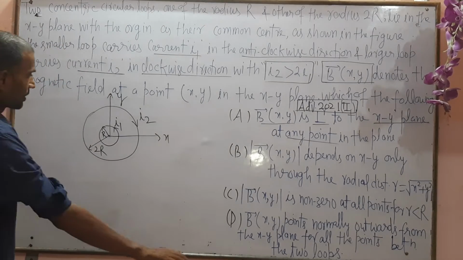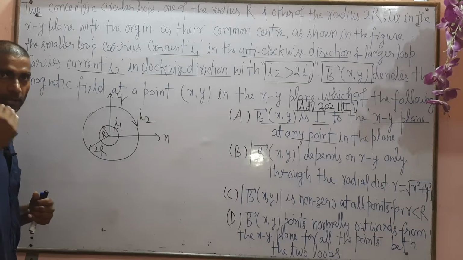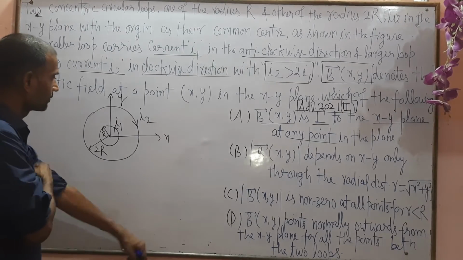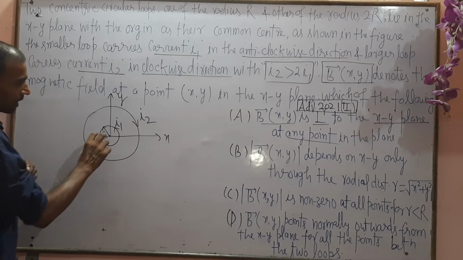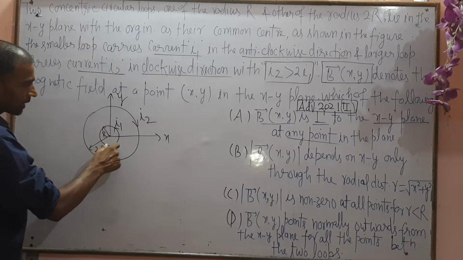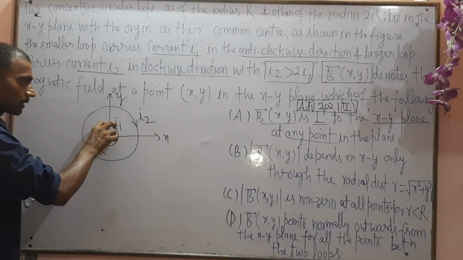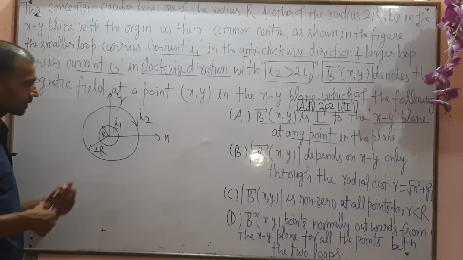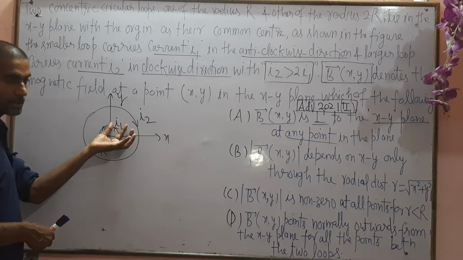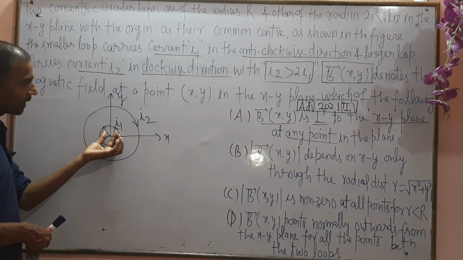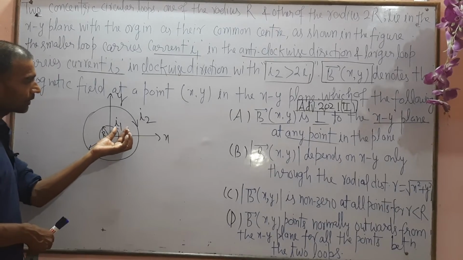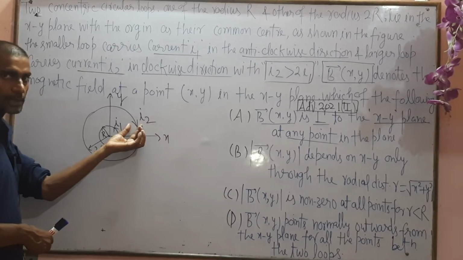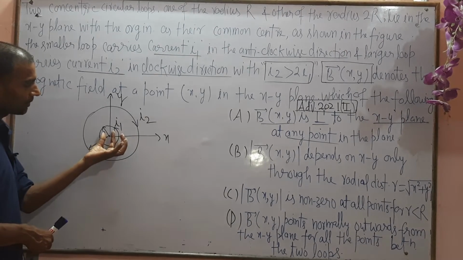We can find the direction of the magnetic field. This is the xy plane. If we check the inner circle, we want the direction of magnetic field due to I1 and due to I2 inside, where the radius is less than r.